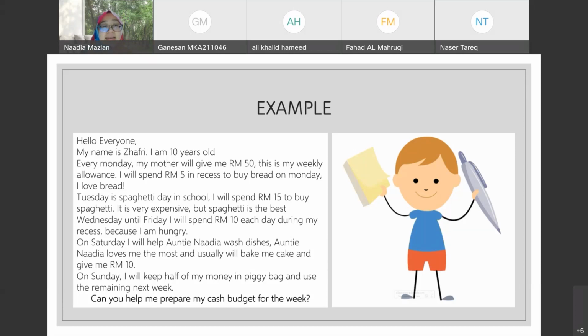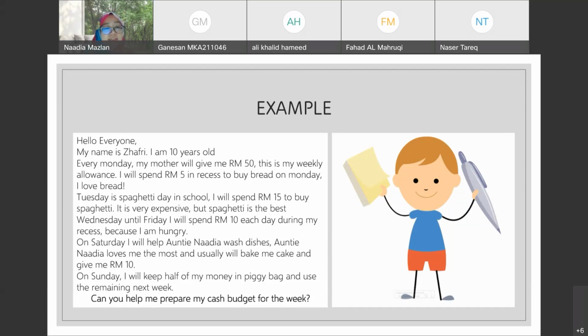Every Monday, my mother will give me 50 ringgit. This is my weekly allowance. I will spend 5 ringgit in recess to buy bread on Monday because I love bread. Tuesday is spaghetti day in school. I will spend 15 ringgit to buy spaghetti. It is very expensive, but spaghetti is the best. Wednesday until Friday, I will spend 10 ringgit each day during my recess because I am hungry.